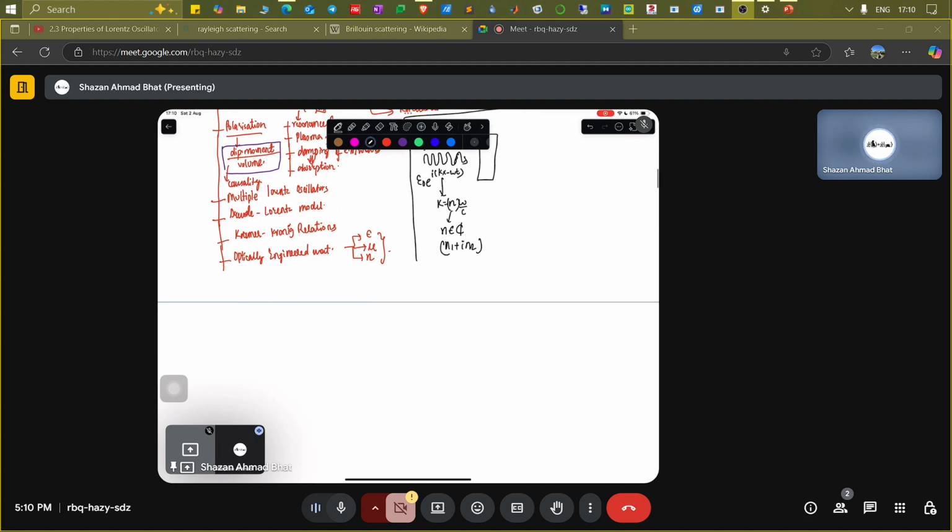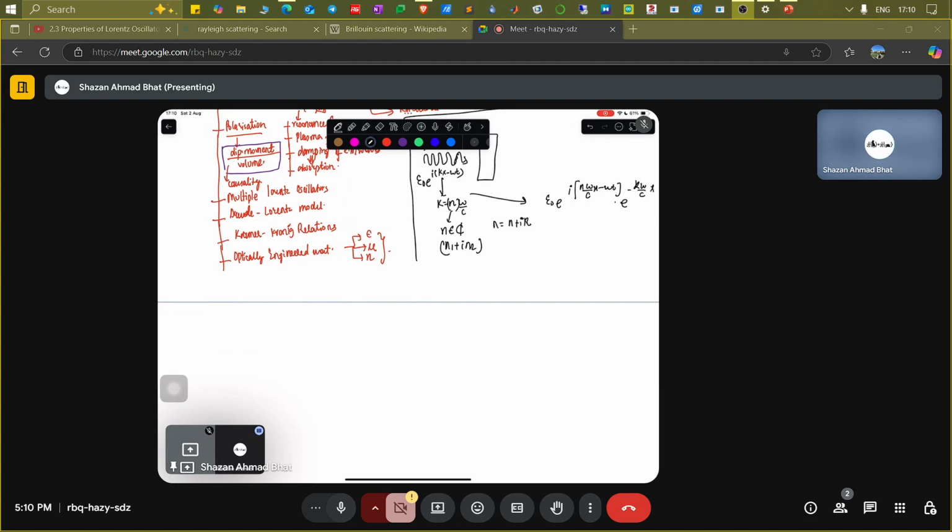That means you can write this n as n plus i times k. So basically this relation can be written as E naught e to the power minus i n omega over c x minus omega t, and you can write it as e to the power minus k omega by c into x.